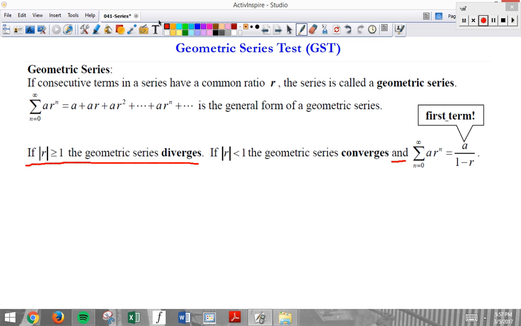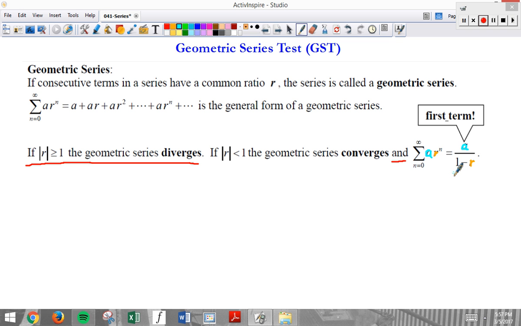And this formula: what we're saying is it adds up, and I know where it adds up. First term over 1 minus r.